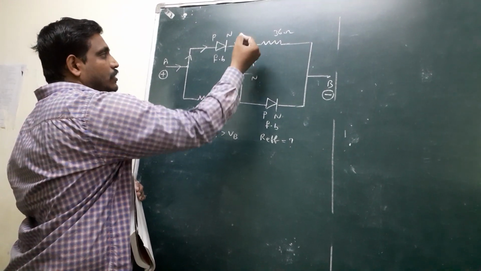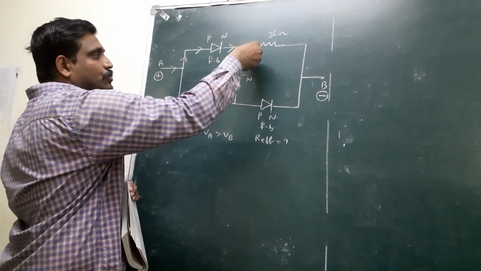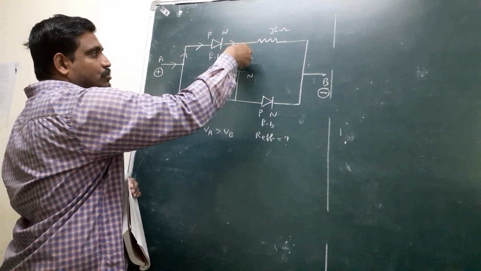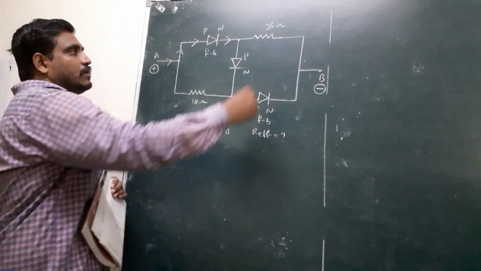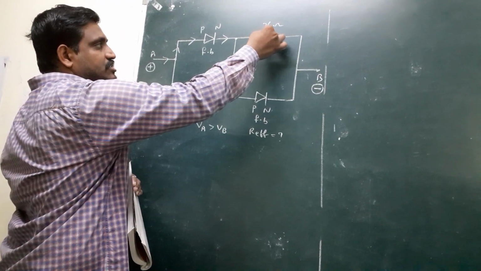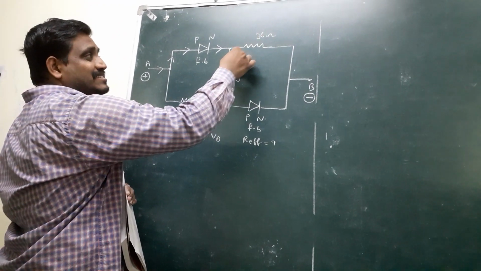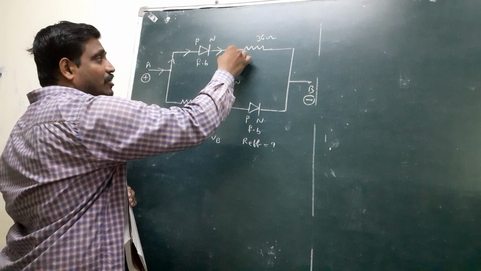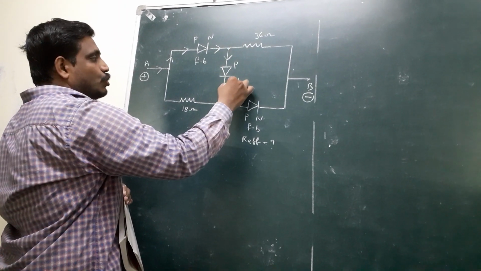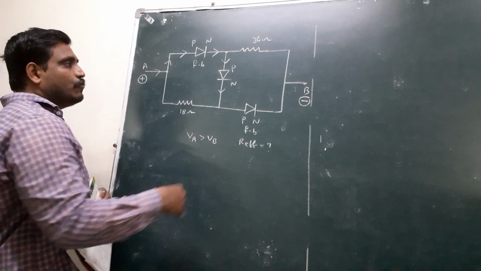It is also 0 resistance because this is also forward bias. Here there is a resistance, and here 0 resistance. Where does current flow? Here, because there is no opposition, current easily flows.